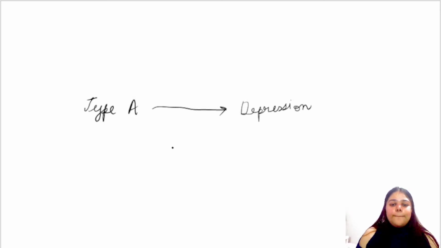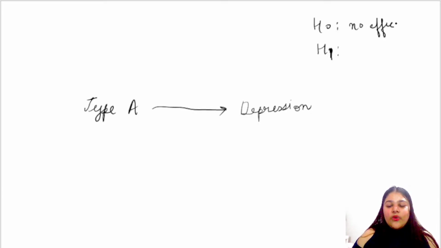Now in my study, I have made two hypotheses, null hypothesis and alternate hypothesis. My null hypothesis is saying that there is no effect of the medicine on depression, and my alternate hypothesis is saying that yes, there is a positive effect.